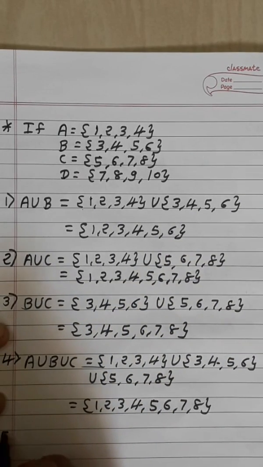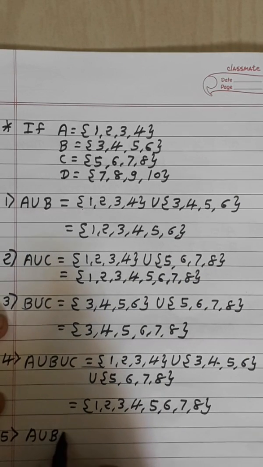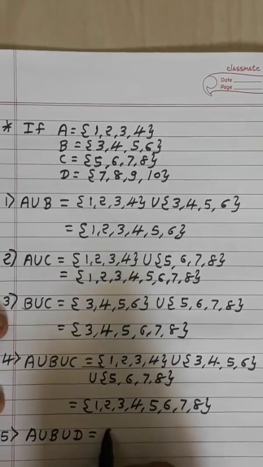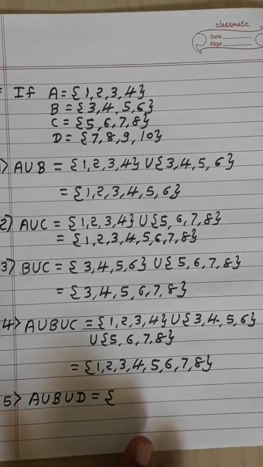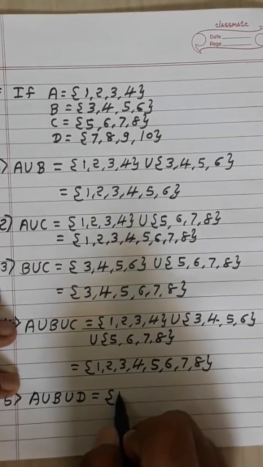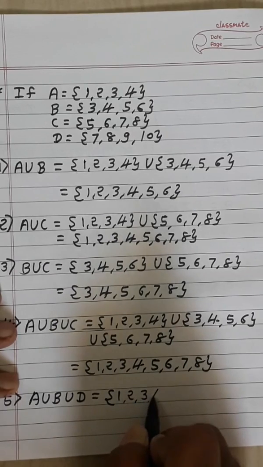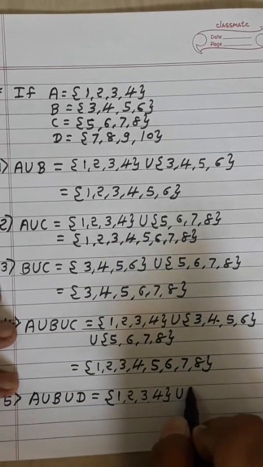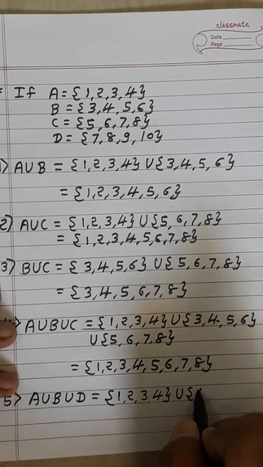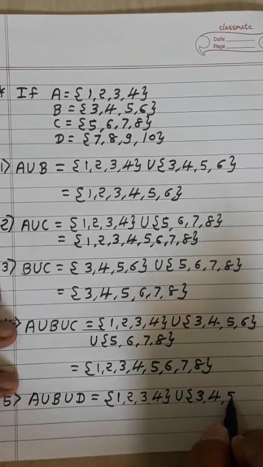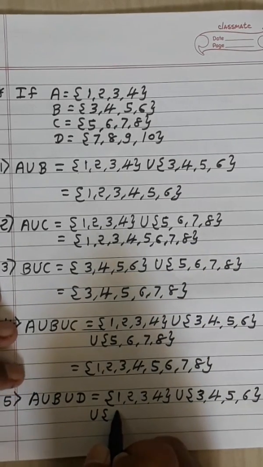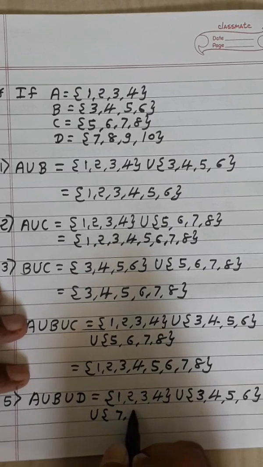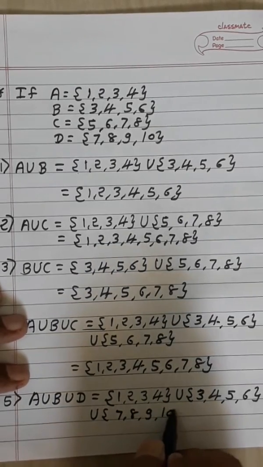Next question, the fifth one. A union B union D. So A union B union D, that means first of all write the elements of set A: 1, 2, 3, 4, union the elements of set B, that means 3, 4, 5, 6, union the elements of set D, so 7, 8, 9, 10.